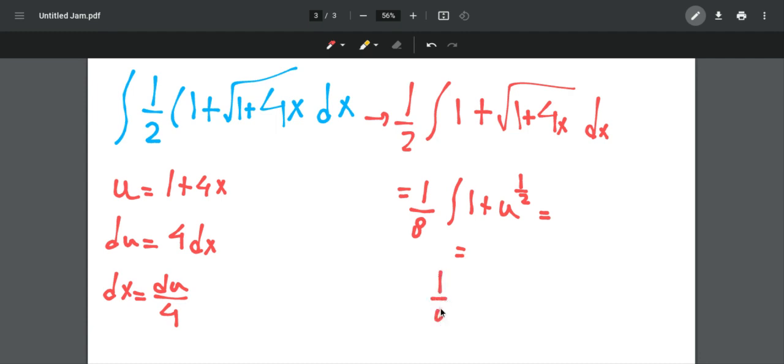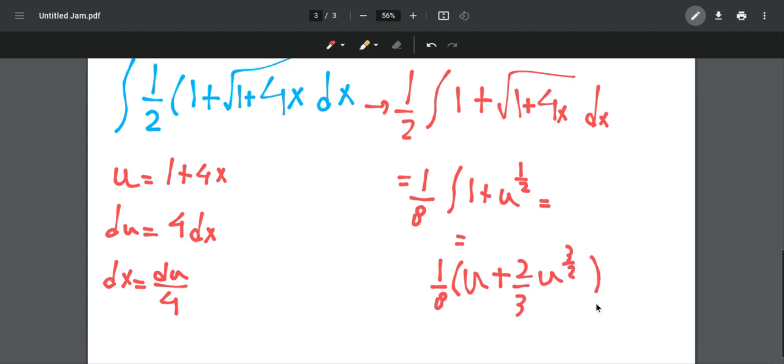Using the power rule, this is equal to 1 over 8, again times the quantity: the integral of 1 is u, and then plus, using the power rule, 2/3 times u to the power of 3 over 2.